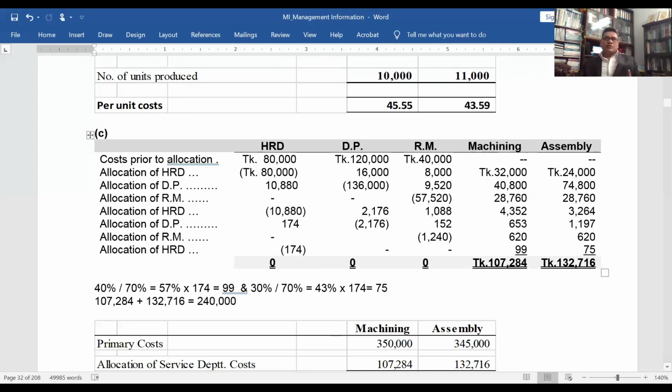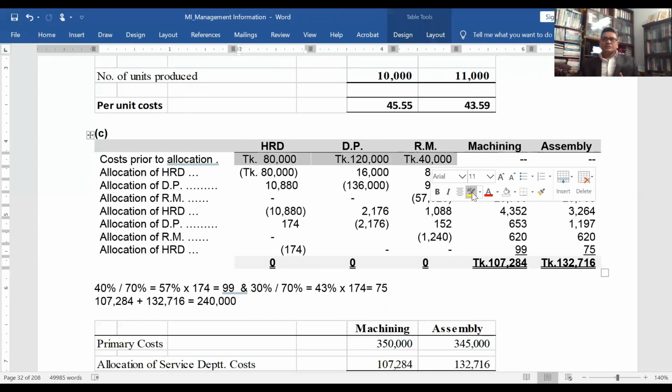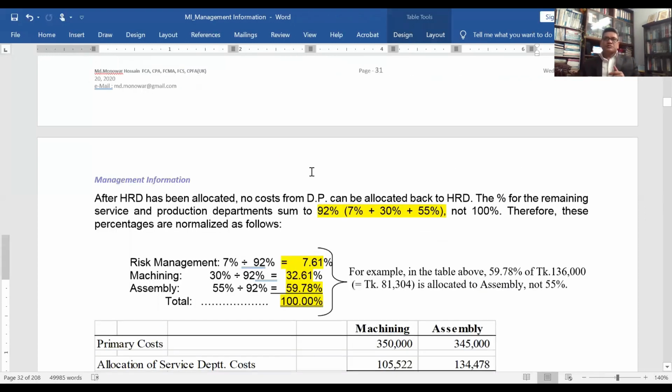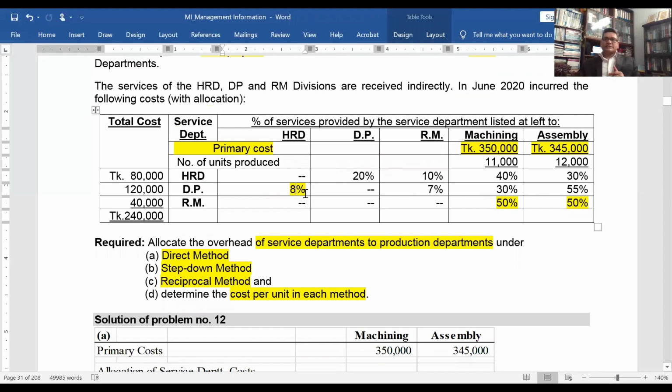Continuing. Okay, look here. Cost of allocation before the allocation. So 80,000 allocating in all as part of the step down method. Okay, but look here, not closing the HRD, because we have seen in the DP proportion that 8% of data processing department overhead cost should allocate to HRD.